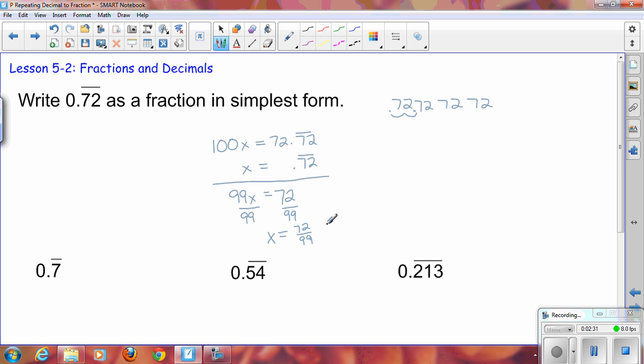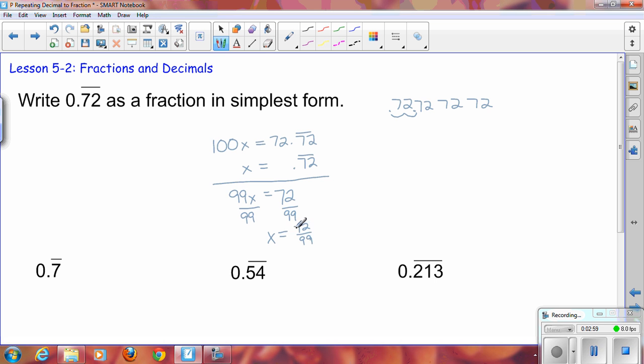And all we have to do is say, is that divisible by anything? What you need to remember, our bottom numbers are always going to be 9 or 90 or 99 or 999 in these problems. 9 is only divisible by 1, 3, and 9. 99 is also divisible by 11.